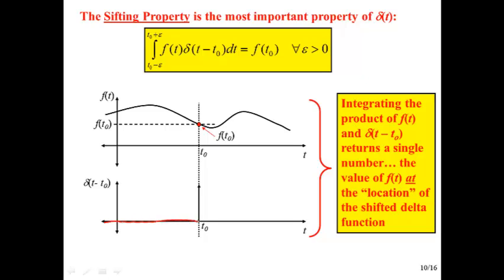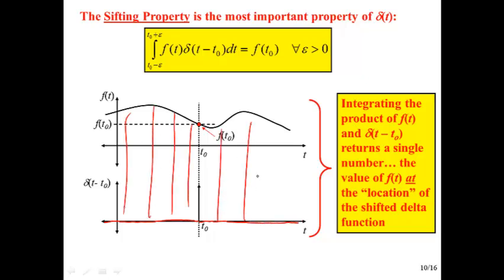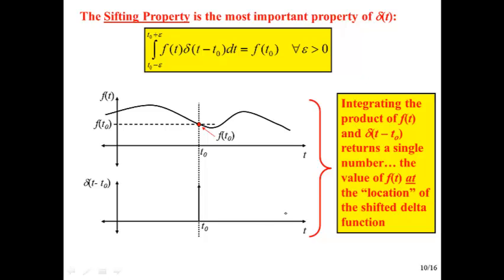Remember, it's important to keep in mind that the delta function is 0 everywhere else, so when we do these products, we get 0. Now we can't really think about what happens to the product at time equal to t0 because we haven't said what the delta function is there. But what we do know, from that area property, is that the whole integral boils down to just the function evaluated at time equal to t0. So that's an easy thing to think about: evaluate the function at t0, and this is just a seemingly very complicated way of expressing that same thing.